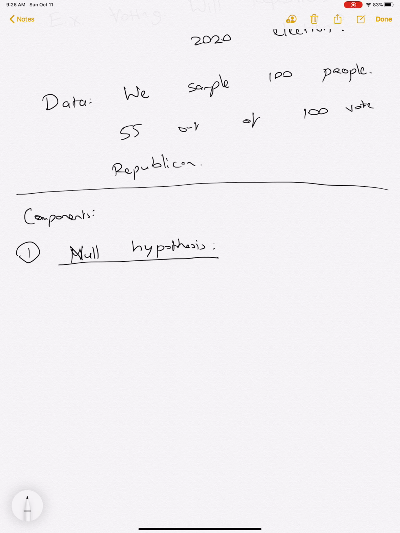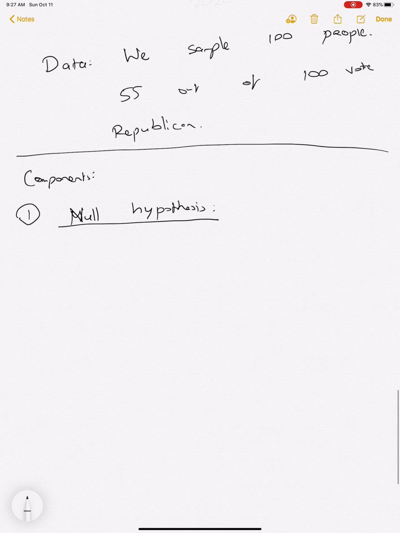I'll put this as 1A because we're going to have a different kind of hypothesis that we're testing against as well. The null can be thought of as a baseline hypothesis.